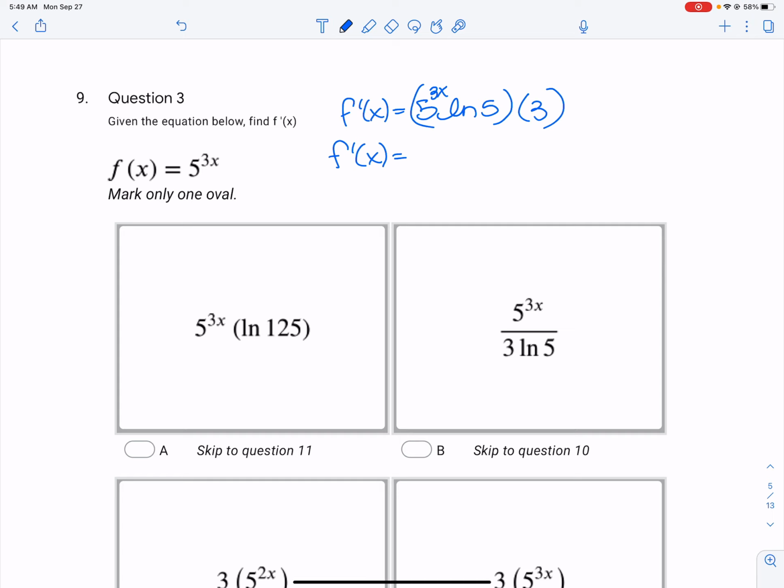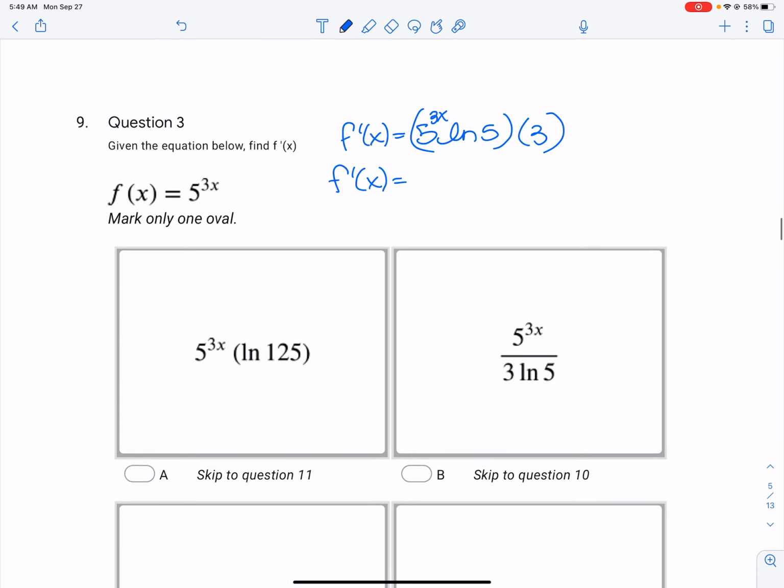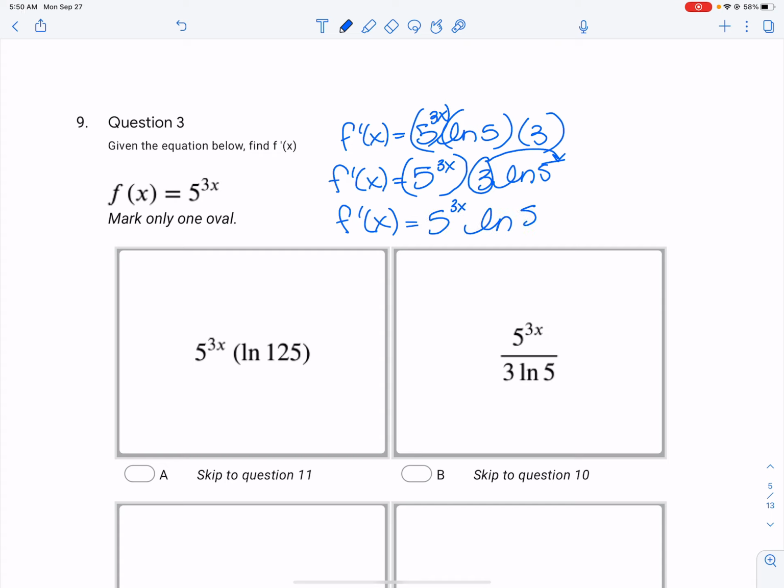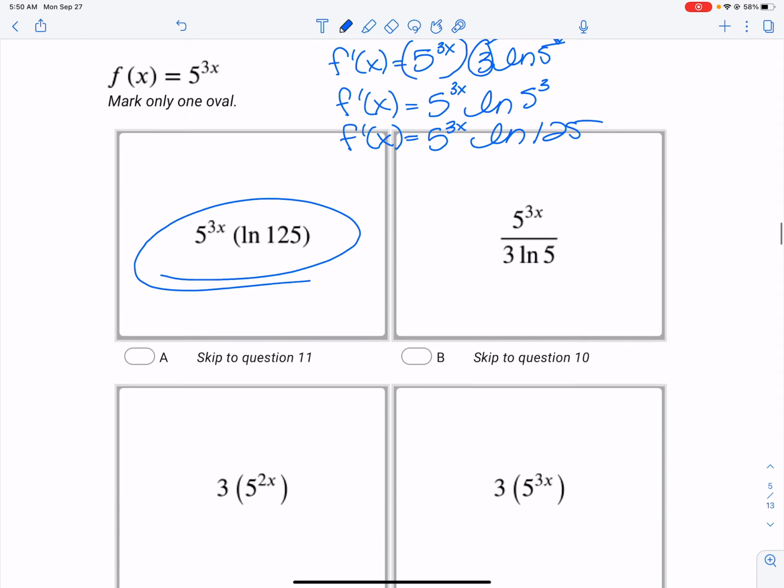I looked to see if my answer was there, and it's not. So I can have 5 to the 3x, and multiplication is commutative, so I can put parentheses like this and go 3 ln of 5, and then the 3 becomes the exponent of 5. So this is 5 to the 3x ln of 5 cubed, which is f prime of x equal to 5 to the 3x ln of 125, which is that one there.